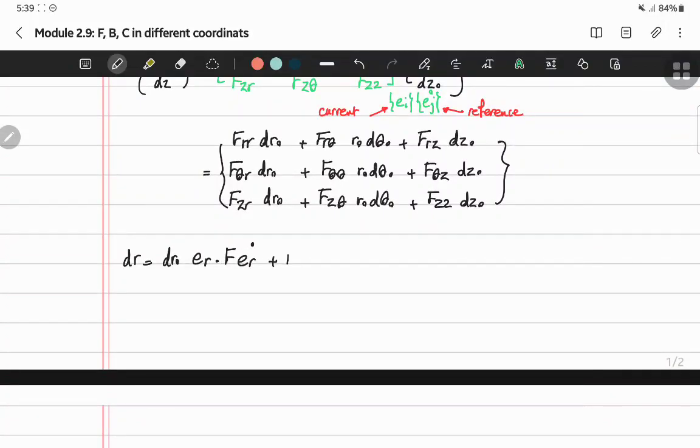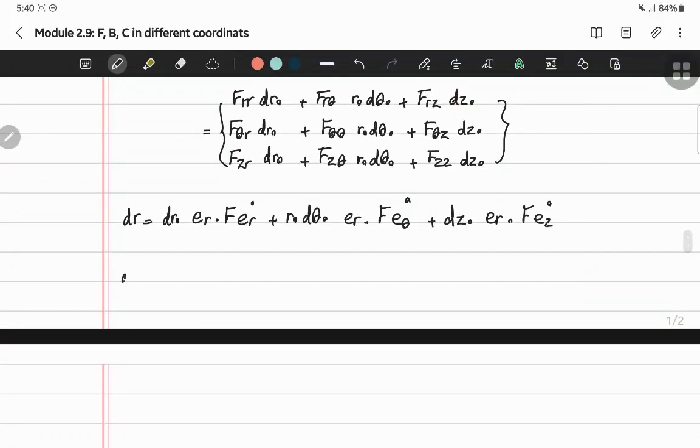Plus, and now I have r0 d theta 0. Then I have e_R dot F, and then theta is in reference configuration, plus dz0. Then we have e_R dot F e_z0.